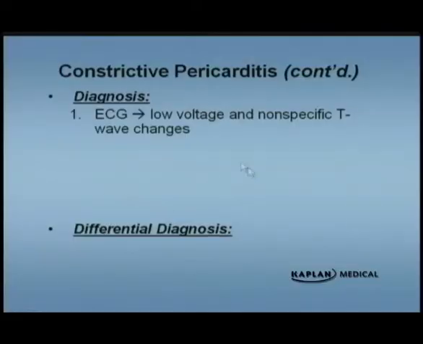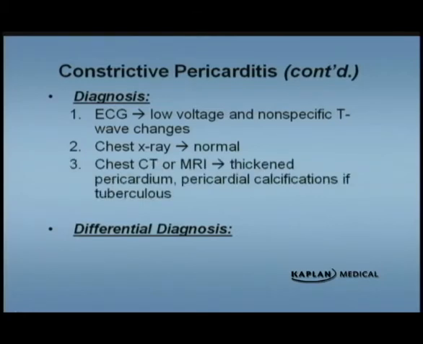Now, low voltage, you notice how nonspecific that is? Tamponade, obesity, small complexes, very nonspecific. Anything: obesity, large breastedness, barrel chestedness, low voltage, too nonspecific. Chest x-ray can be normal. The chest x-ray can also show the calcifications. This thickened or calcified pericardium on a CT and MRI is the most accurate diagnostic test.